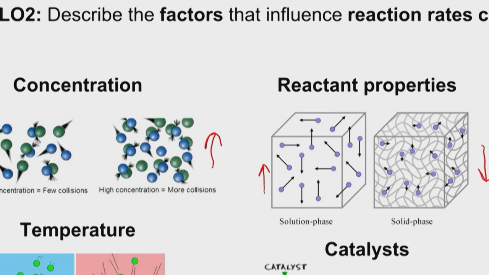And then finally, we want to talk about the presence of a catalyst. Okay, so we're going to be looking at enzymes coming up, which are our biological catalysts. But inside all of chemistry, you can have a general catalyst, and a catalyst comes in and speeds up the reaction rate. And it does this by lowering the activation energy that's required for the reaction.